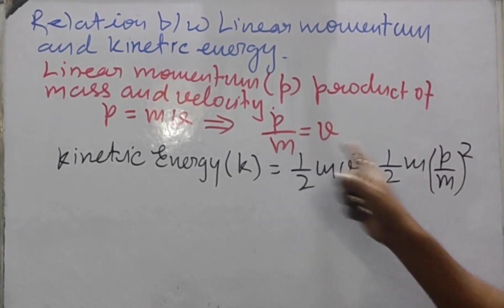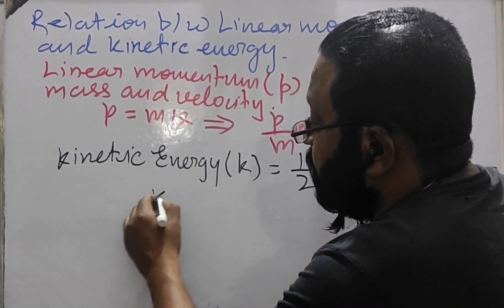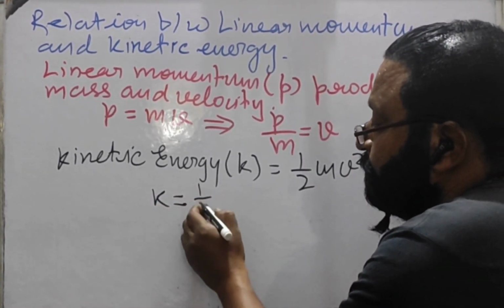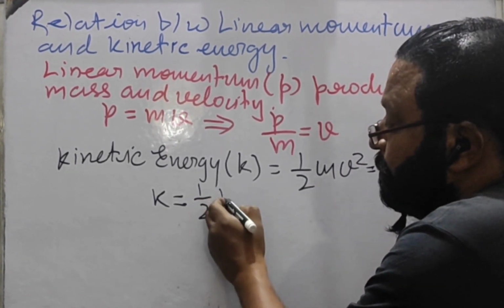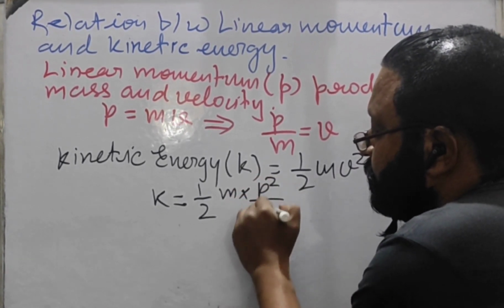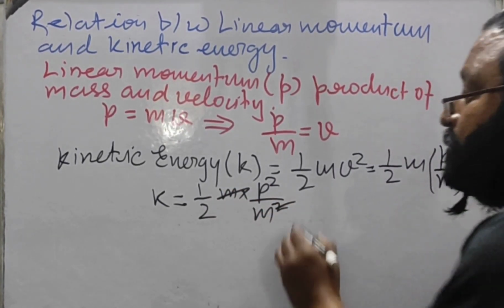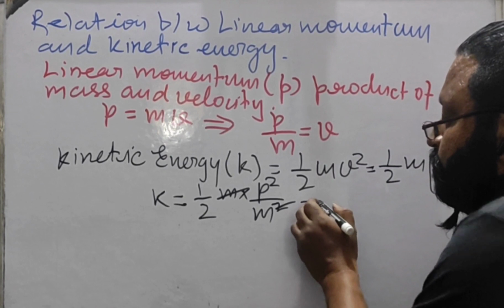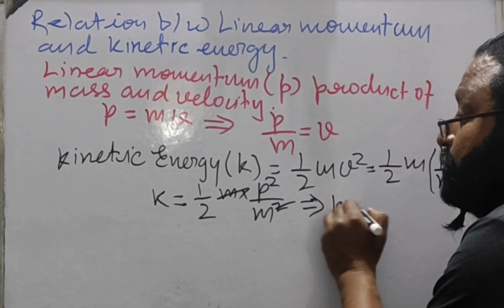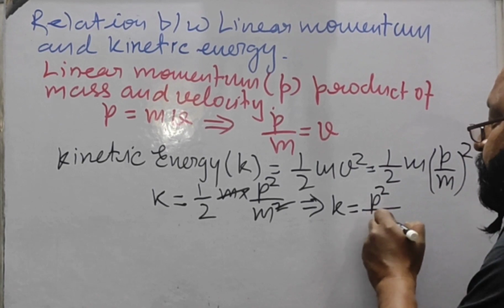In place of v, we write this, right? So K is equal to half m into P square upon m square. So one m is cancelled out, so you get K is equal to P square upon 2m.